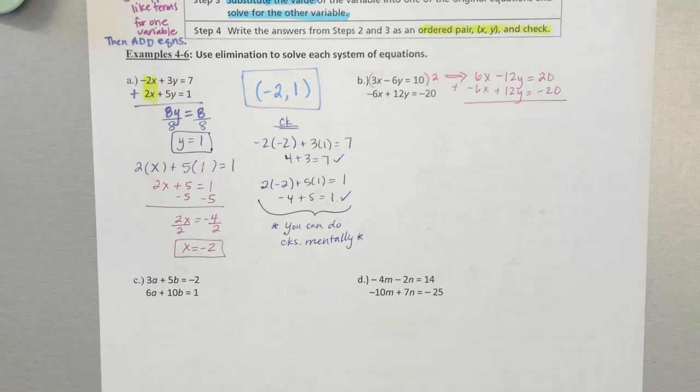Yep, so if you add straight down and both of them eliminate, what are we going to write on that side of the equation? Okay, so you have 0 on the left side. What do you have on the right side?